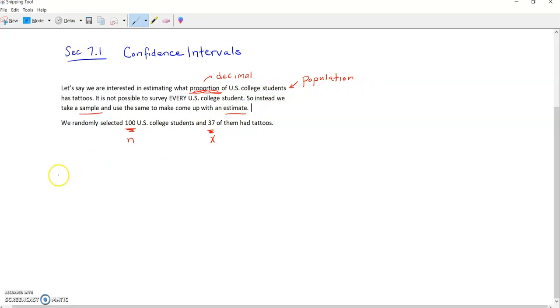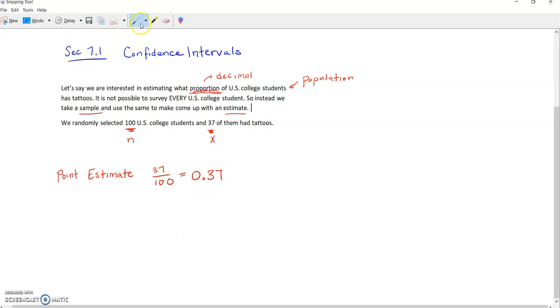There's one term at the beginning of this section called a point estimate. If I wanted to guess what proportion of U.S. college students had tattoos, and I was only allowed to guess one number based on this sample, I would say 37 out of 100 had tattoos. So that's 0.37.